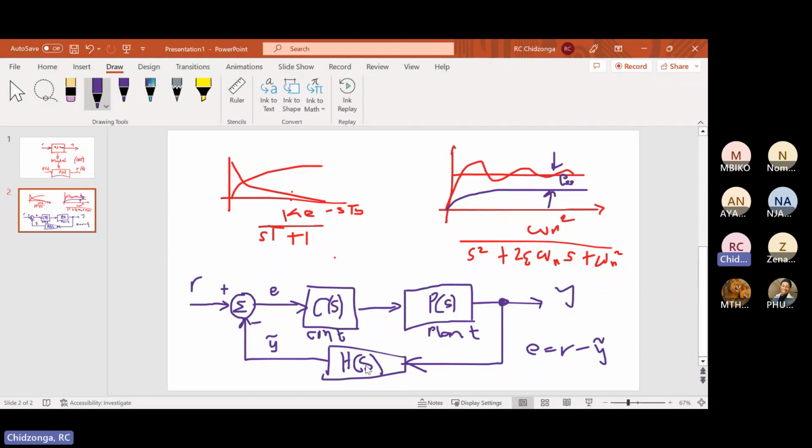You can see that if H is 1, then this is actually Y. The Y dash is just saying the sensor modifies the output signal.